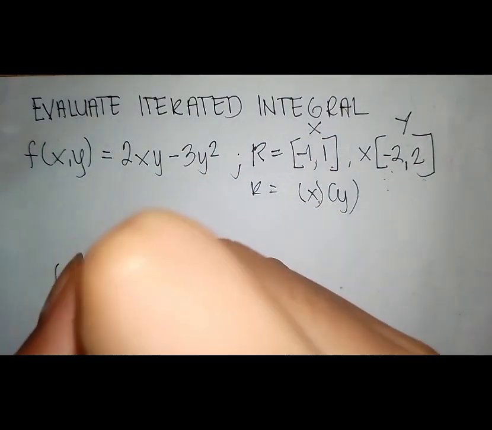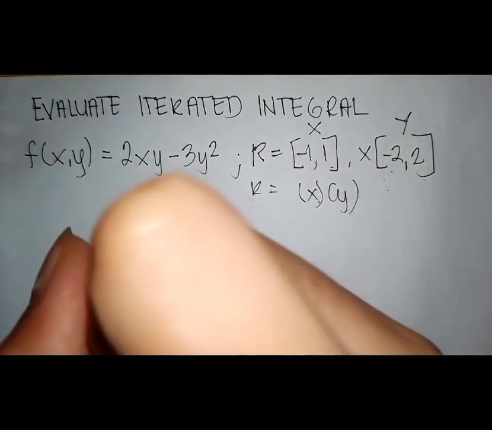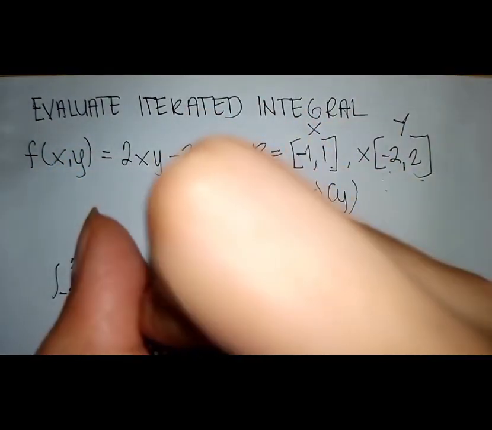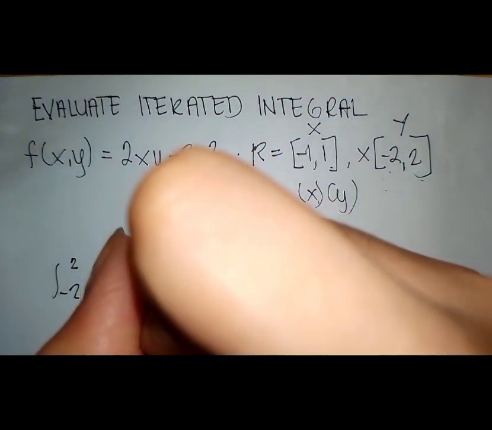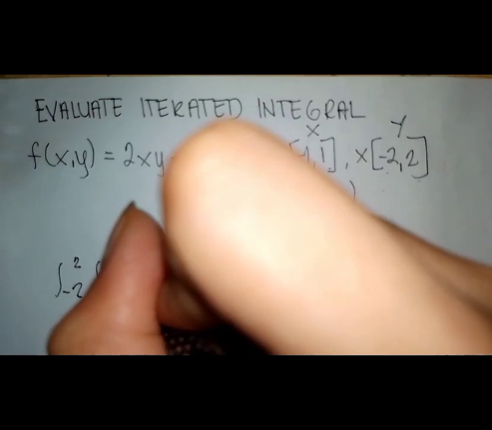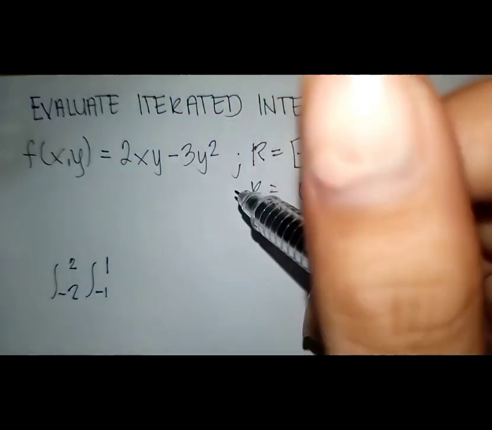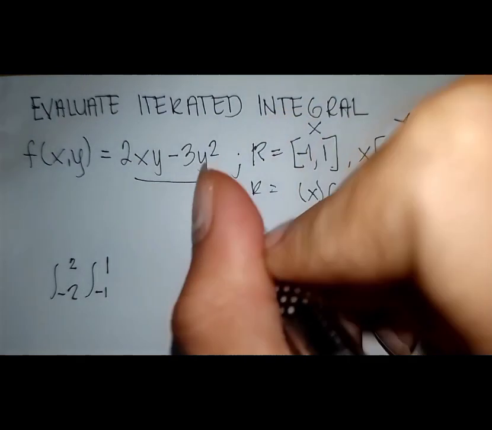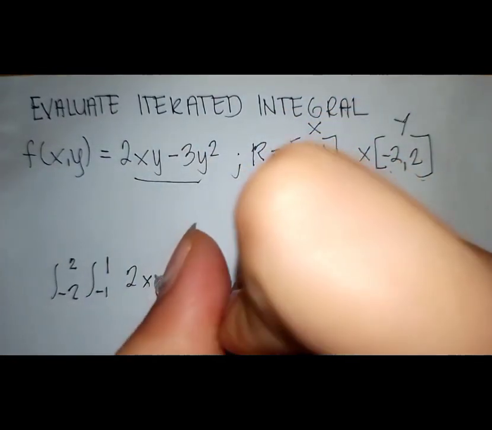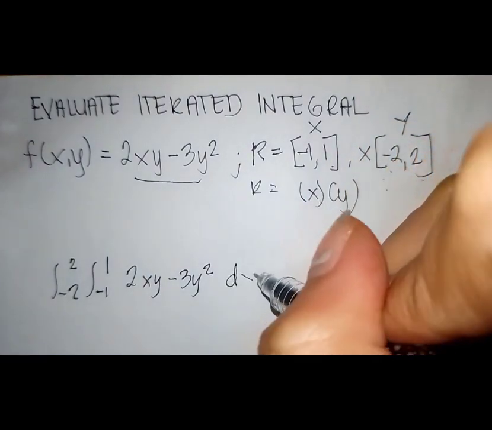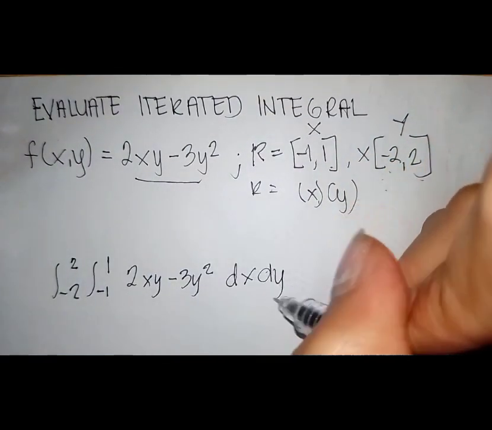So the integral of -2 to 2, then our inner integral, which is the coordinate of x, the integral of -1 to 1, and then we put our function inside: 2xy minus 3y squared, dx dy.